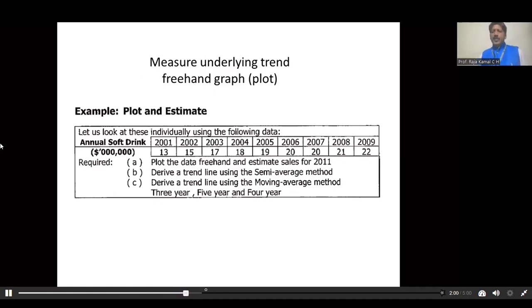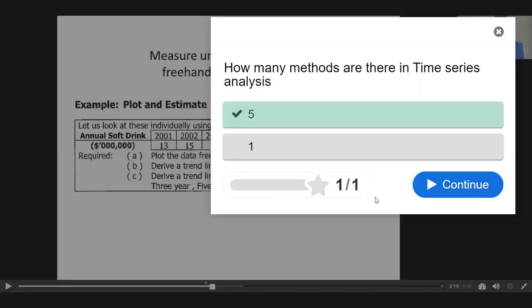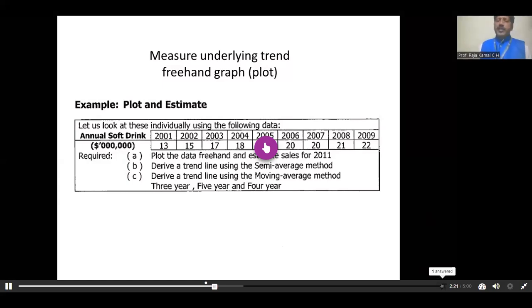It's a very simple method. We are going to draw a graph where on the x-axis we take years, and on the y-axis we take the annual soft drink production. After plotting the points, on the x-axis we can take 1 centimeter equal to 1 unit, as the difference in years was 1 year.